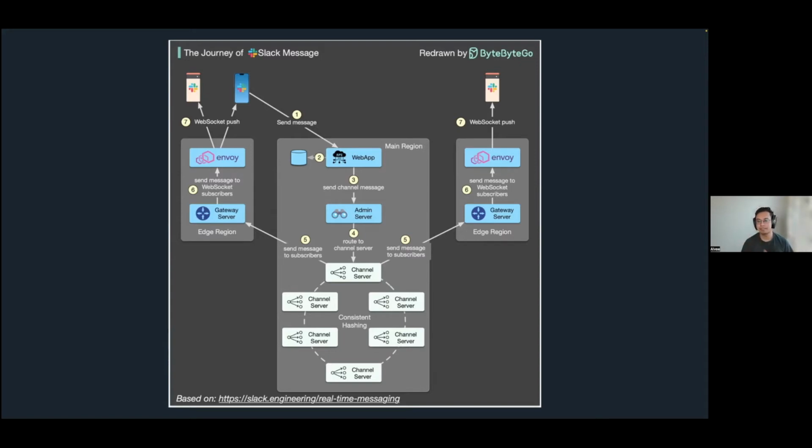If you use other services, like Messenger chat, Instagram chat, LinkedIn chat, or whatever services you use, they also may have a similar setup, right? And you can see there are all these different names here, like you have web app, admin server, channel server, and then gateway server and all this stuff. And then you have the clients here. In this case, they're displaying mobiles, right?